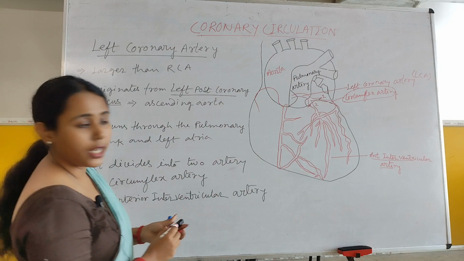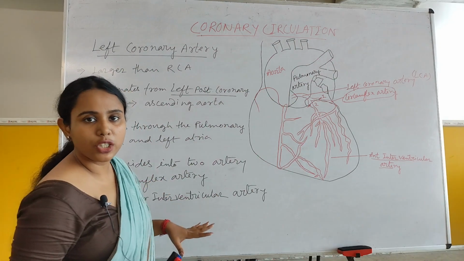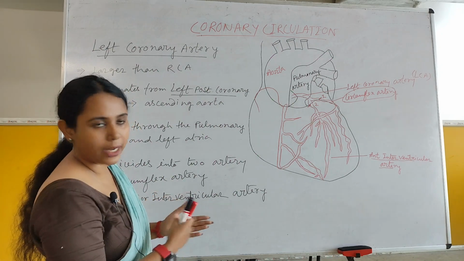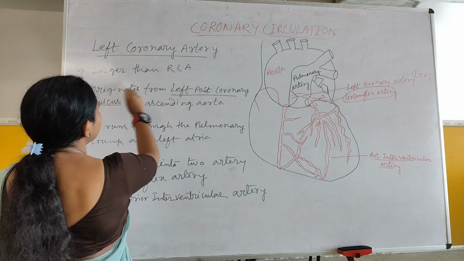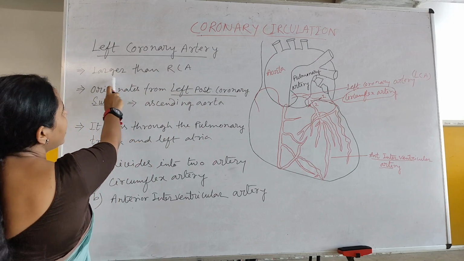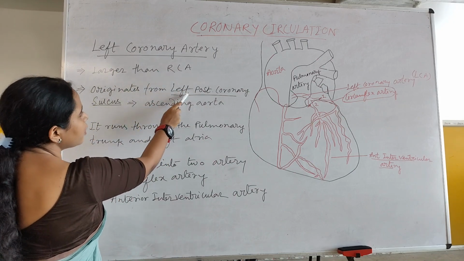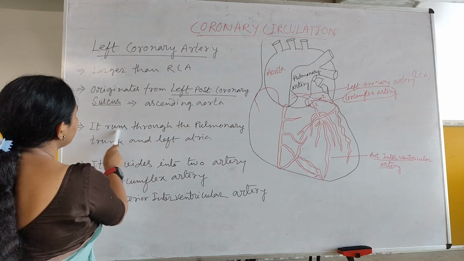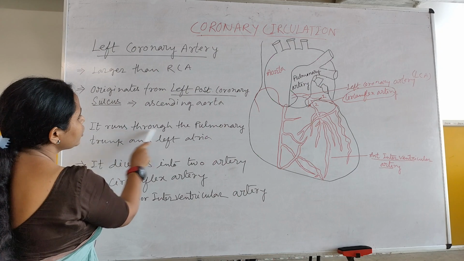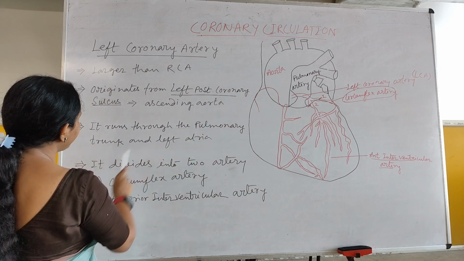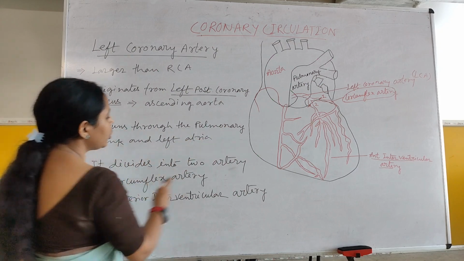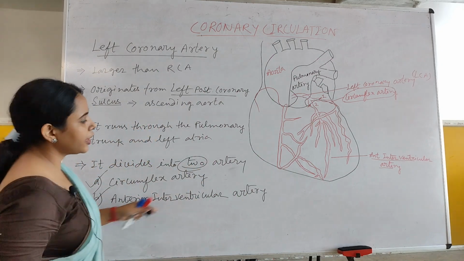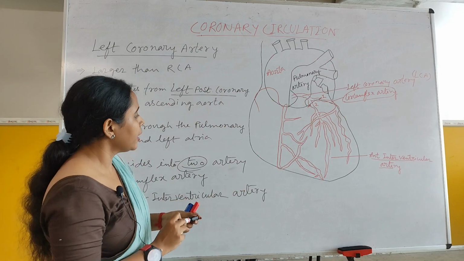These two arteries then form their branches, which we will see in the next part. So firstly, its course: it is larger than RCA. It originates from the left posterior coronary sulcus, and it runs through the pulmonary trunk and left atria, and it divides into two arteries, the circumflex artery and the anterior interventricular artery.